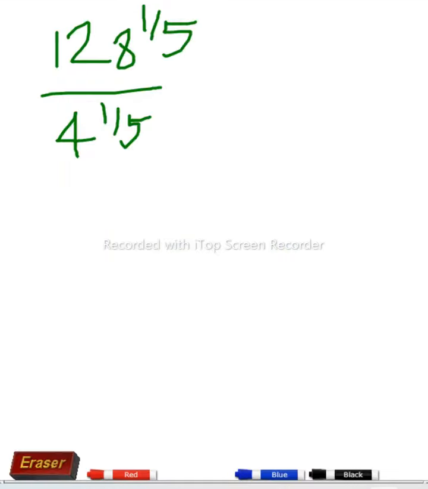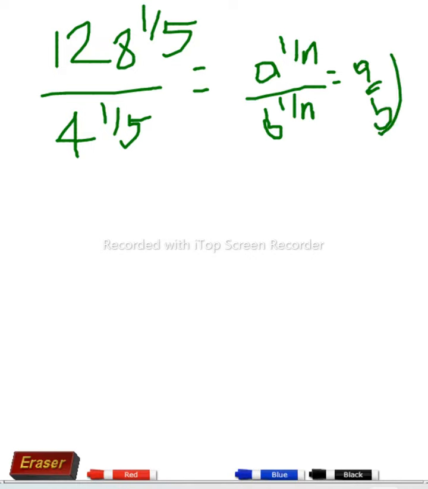So we know that theorem 1.3 says that A over B the power of 1 over n is the same as A the power of 1 over n over B the power of 1 over n. Since they have a common power, we take A over B, the whole, to the common power.